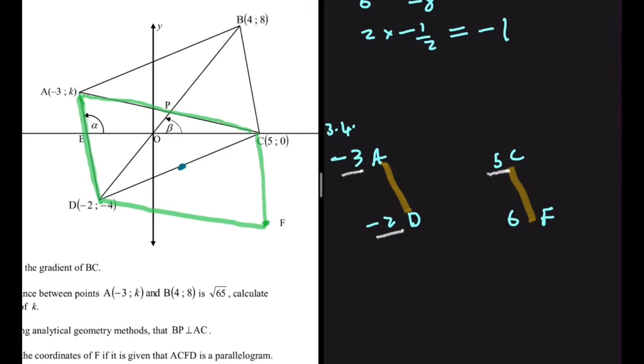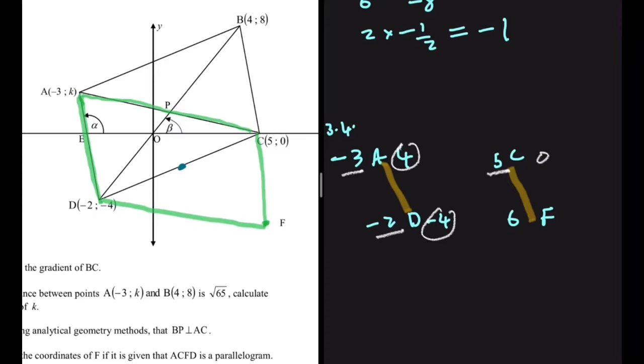Let's look at the y values. The y value of A is 4. The y value of D is minus 4. So from 4 to minus 4, that is minus 8. What is the y value of C? The y value of C is 0.